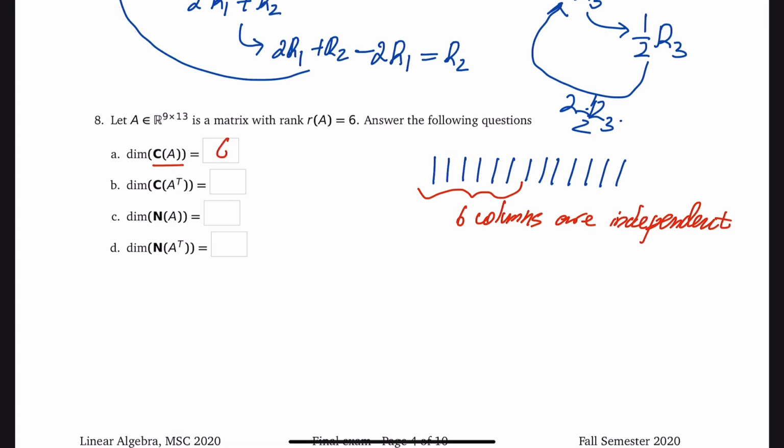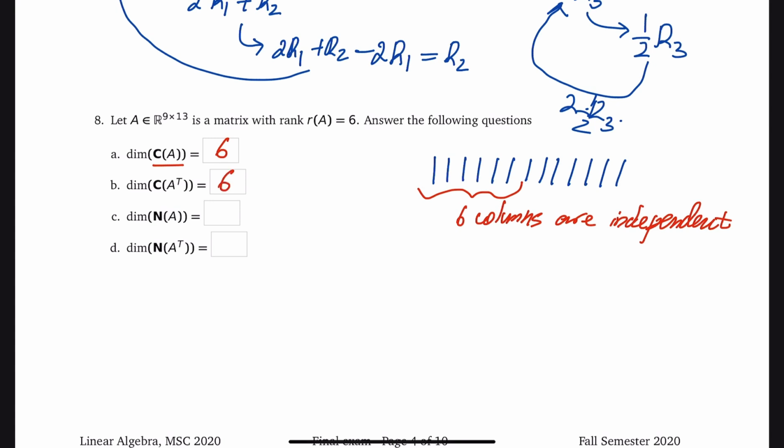So that's going to be 6 here. The same is going to be for the row space. So essentially, if you transpose this matrix, it's still 6 of the rows, or 6 of the columns, that are going to be independent. So that's why the dimension of the row space is also going to be 6.